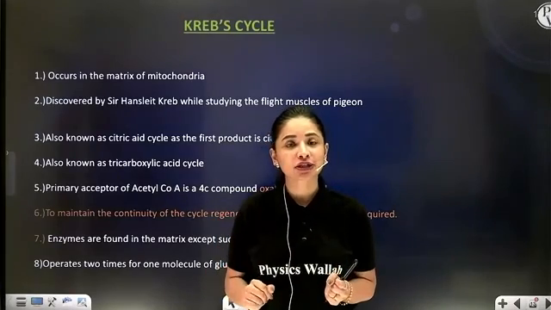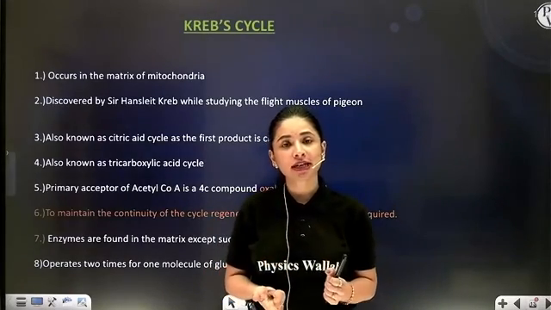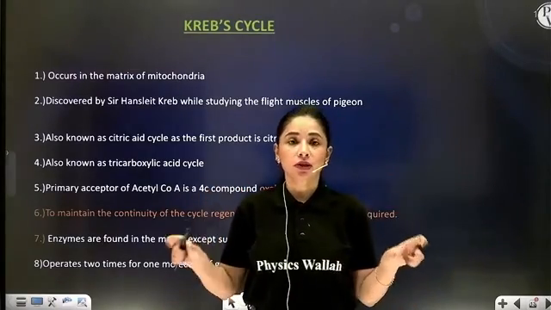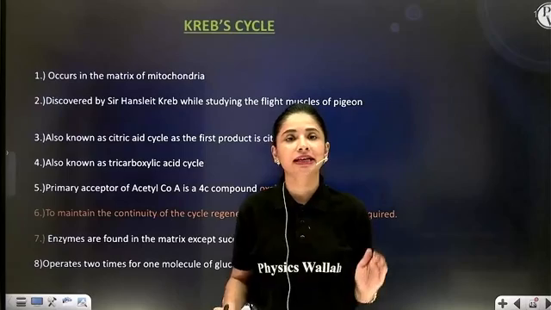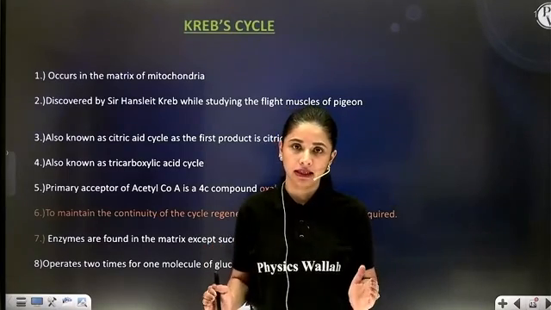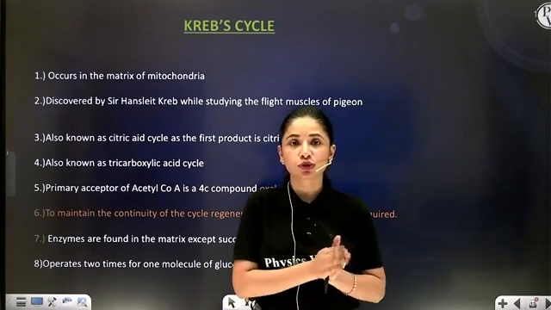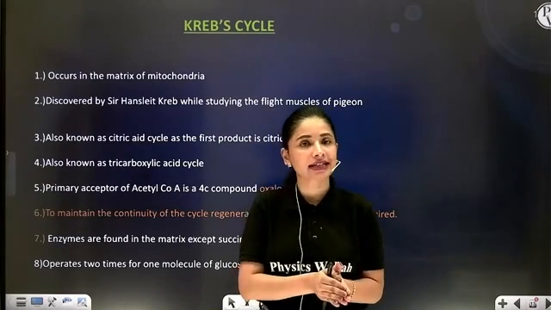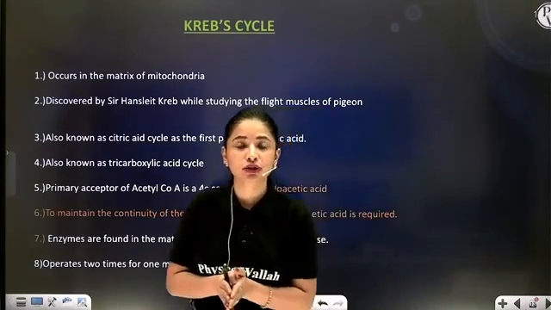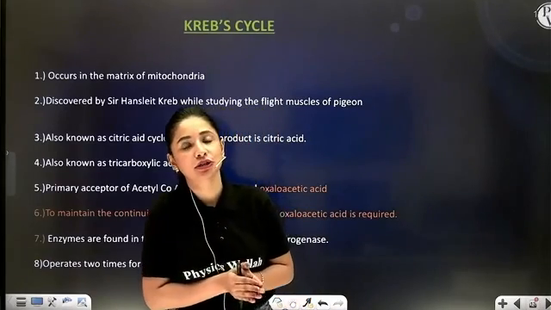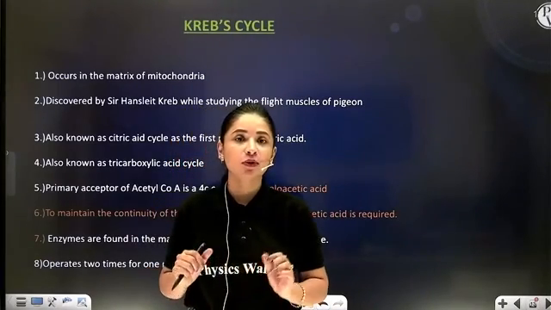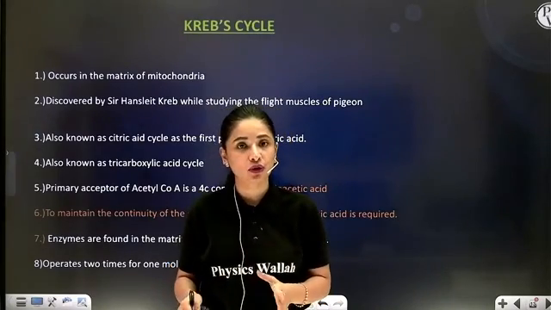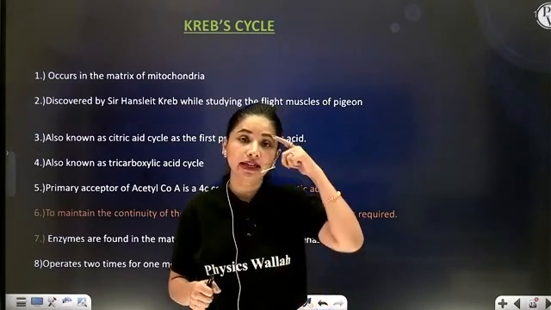The link reaction, also known as the gateway reaction, joins the two major processes of aerobic respiration, that is glycolysis and the Krebs cycle. Glycolysis produces 2 molecules of pyruvic acid. From these, after oxidative decarboxylation, 2 molecules of acetyl coenzyme A are obtained in the matrix of mitochondria by the link reaction.